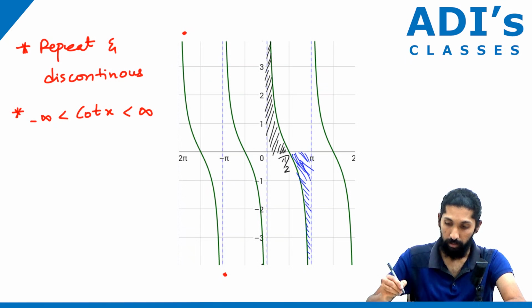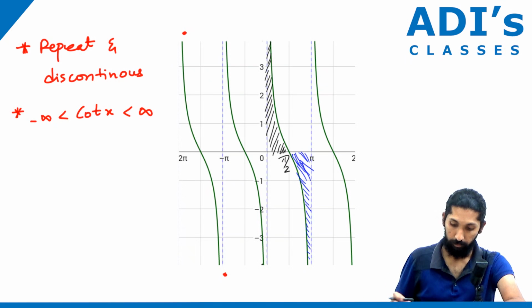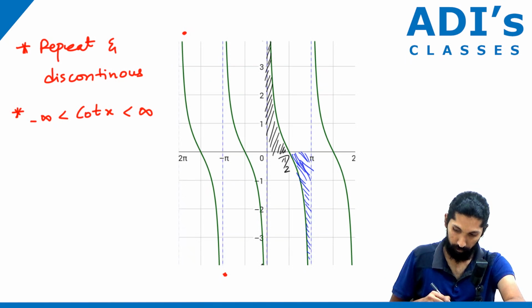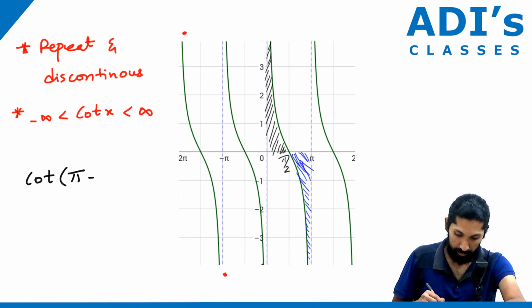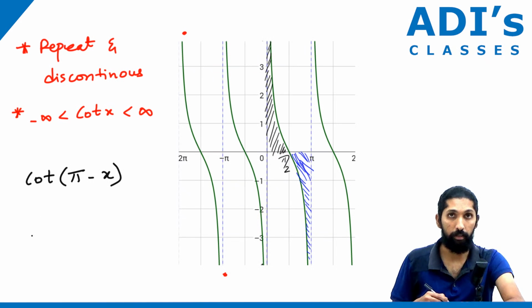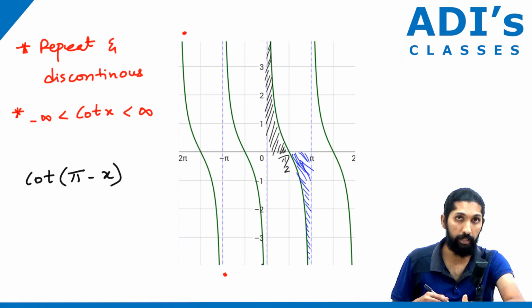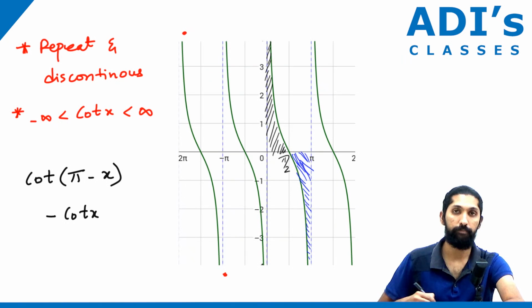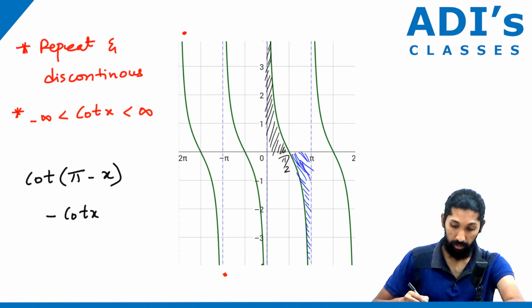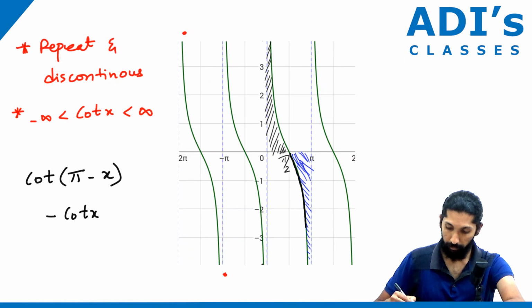Suppose we do cot of pi minus x. Second quadrant, cot is positive or negative? It's negative. This is going to be minus cot x, correct? So pi minus x is going to give you a value somewhere over here, isn't it?